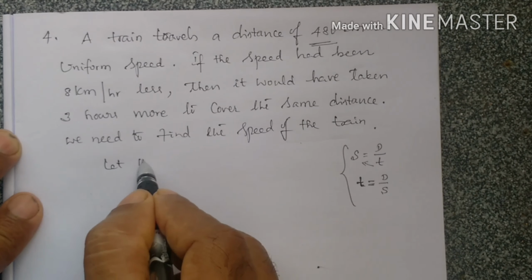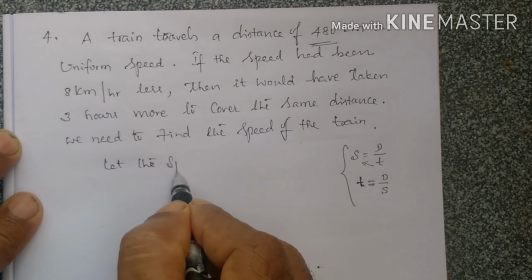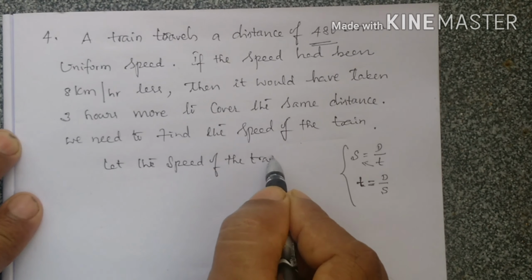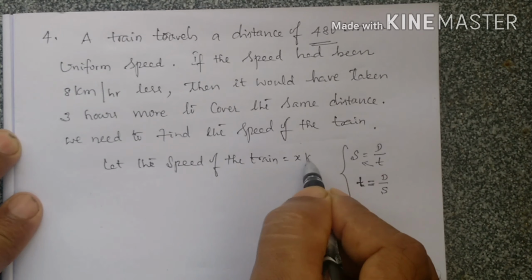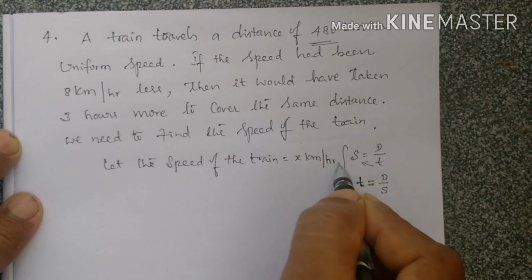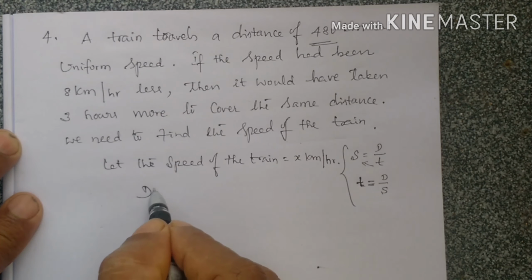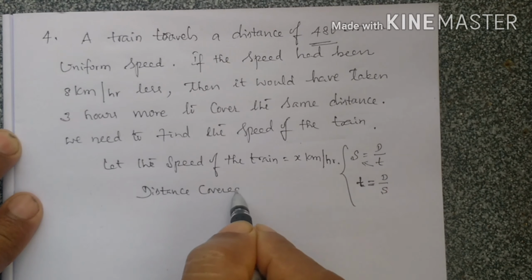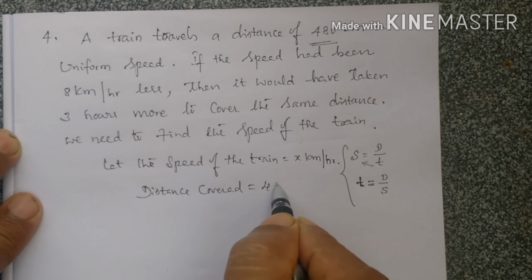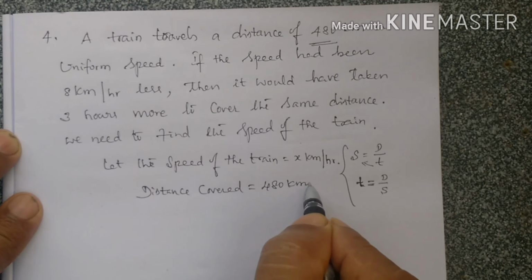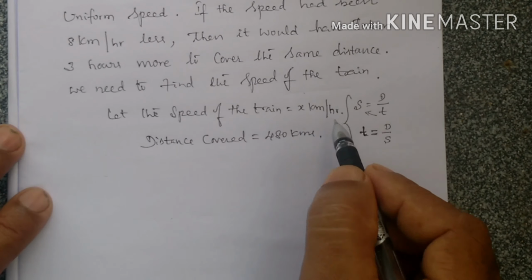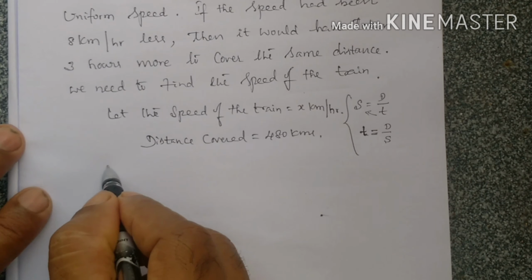Let the speed of the train be x kilometer per hour, and how much distance it is going to cover. So distance covered is 480 kilometers, they have given. So with the speed of x kilometer per hour, how much time is it going to take?